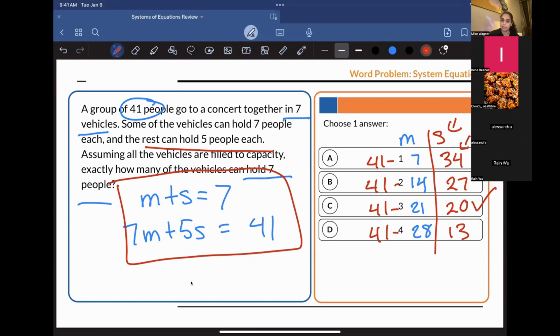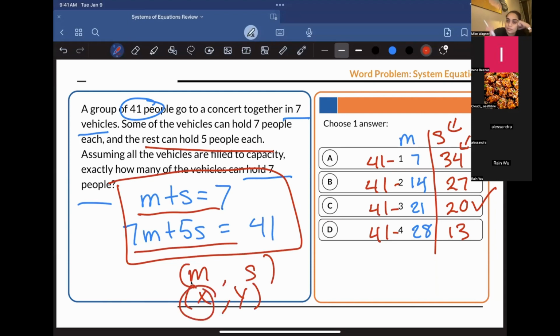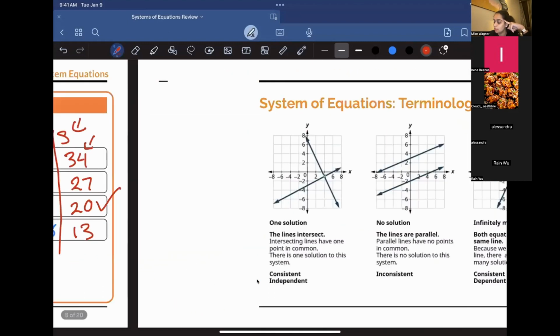It's really easy for me to do since we have the digital lesson this week. You could plug these equations in and find where they intersect, and that gives you the value of M and S because it's basically X comma Y. And then for M, you would just see what is the value of X. But that's if you're very comfortable with Desmos.